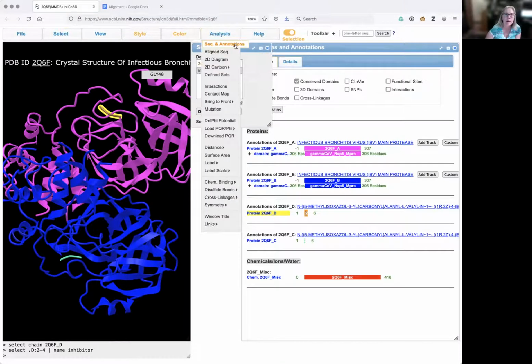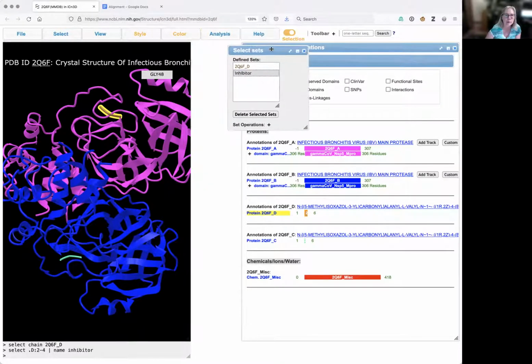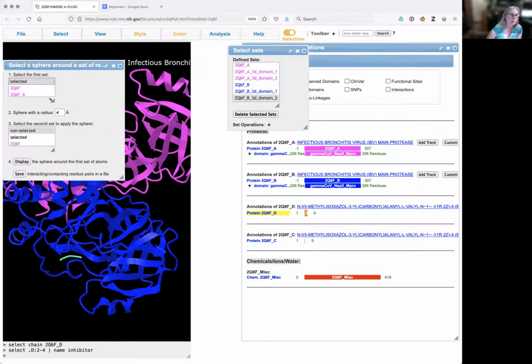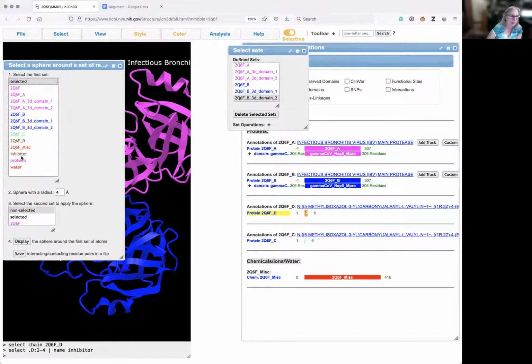I'm also going to identify the binding site for that inhibitor. I open the Select menu and choose By Distance. I'll choose inhibitor in the first set, and we're going to look for anything that's within 4 angstroms of my inhibitor, which is fine. I can pick chain A here and say Display.